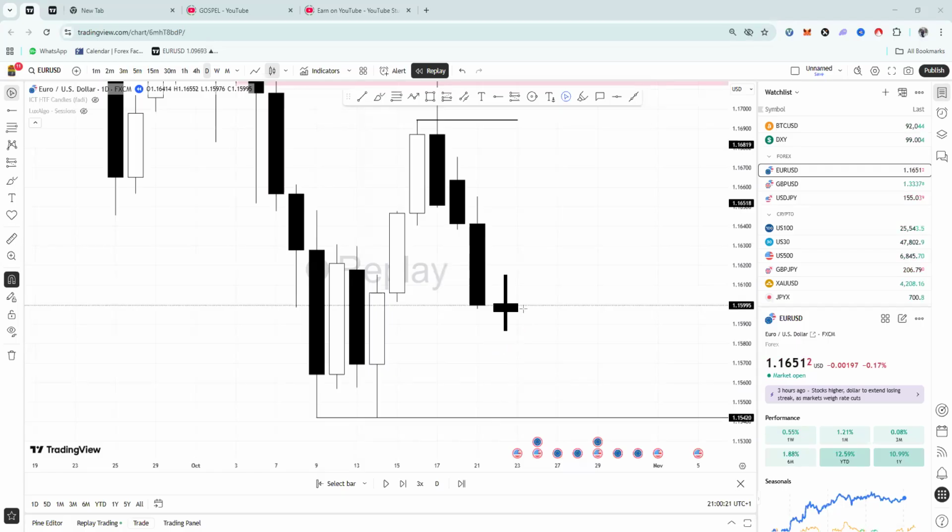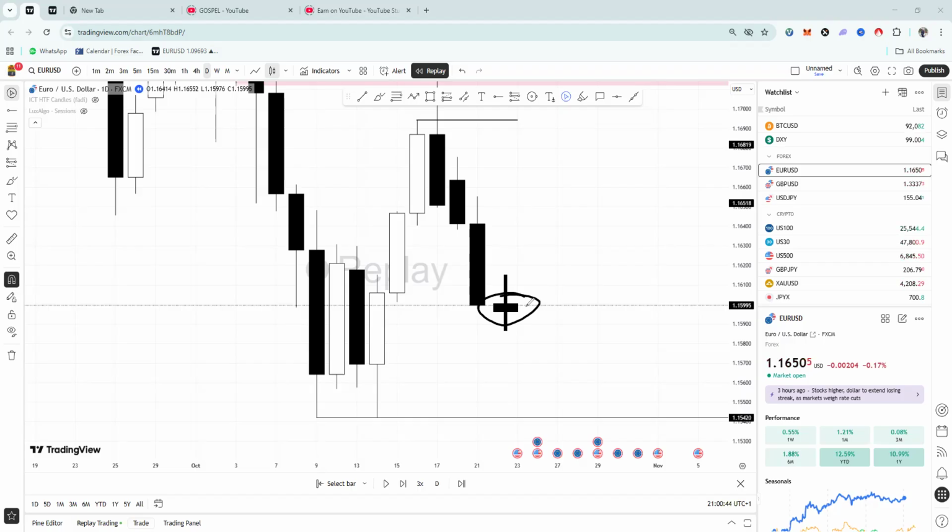Now, with this day, this is where the contraction and expansion concept comes in. When you're talking about contraction and expansion, it is when price is creating smaller body candles like this. When we are talking about contraction candles, remember, we don't refer to wicks. We only focus on the bodies.